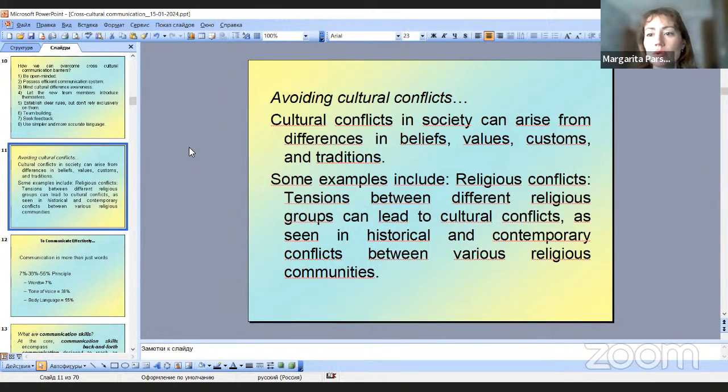But when the goal of our meeting or communication is not to get to one point in questions that can lead to conflict, of course we must avoid these questions. When we are dealing with cross-cultural communication, it's better to speak on those points which may not lead to cultural conflicts.